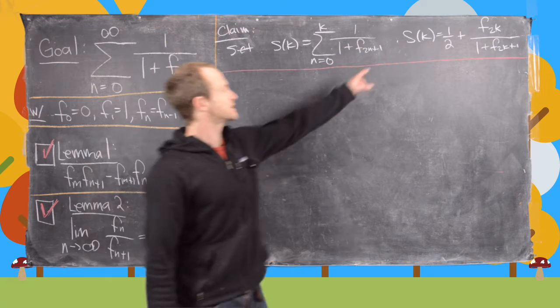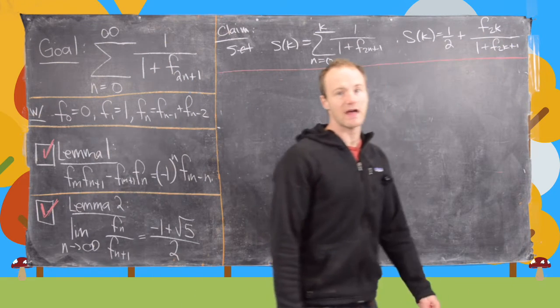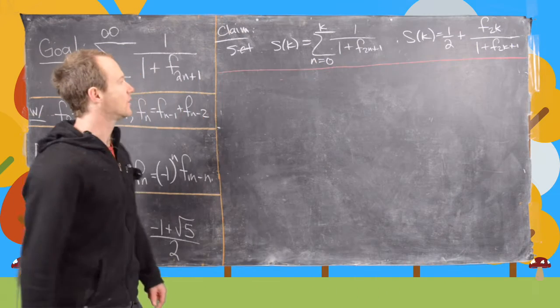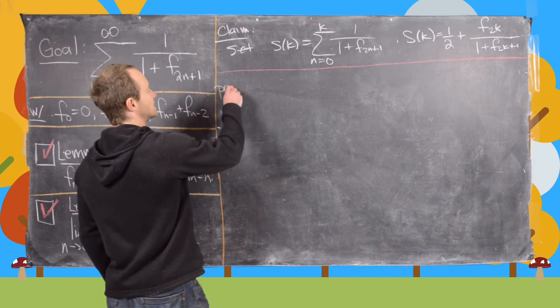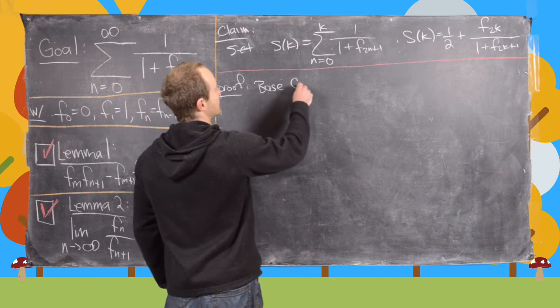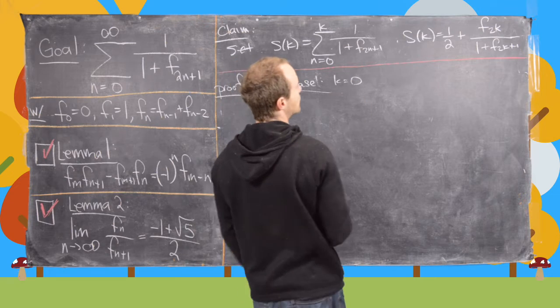So we've got this sequence of partial sums equals 1/2 plus the 2k Fibonacci number over 1 plus the 2k plus 1 Fibonacci number. Okay, so let's do our proof of this claim. We're going to do it by induction. Our base case will be the case when k equals 0.